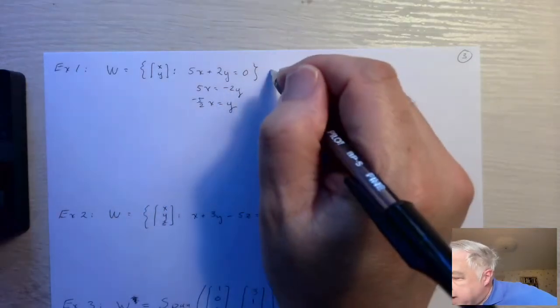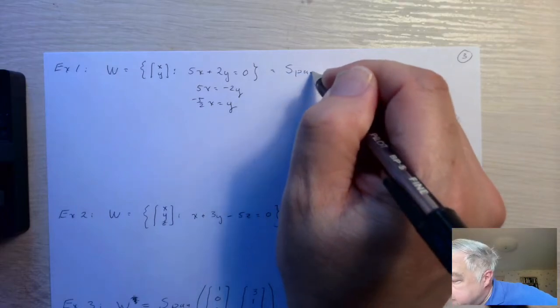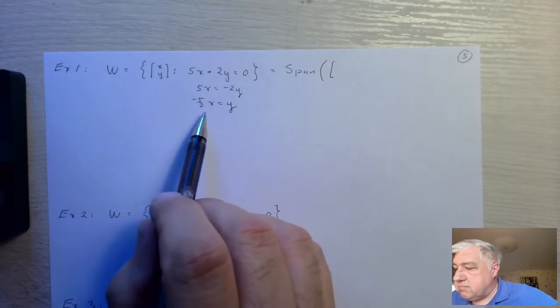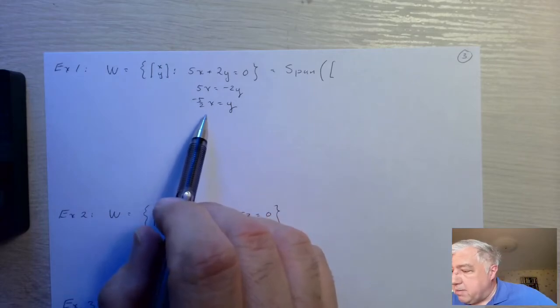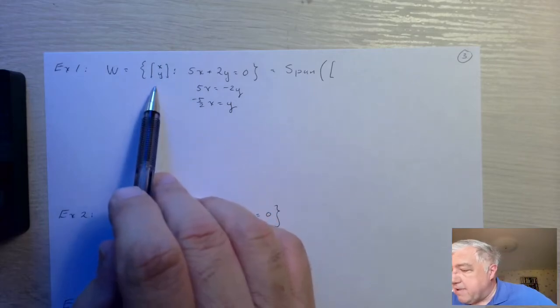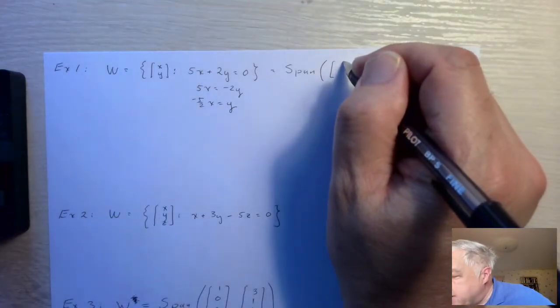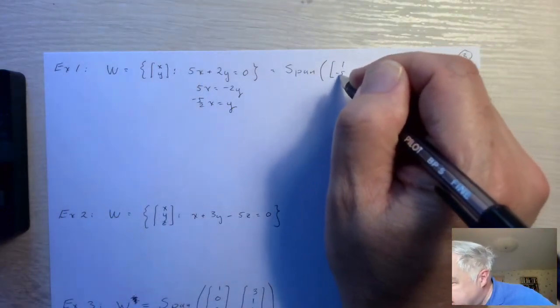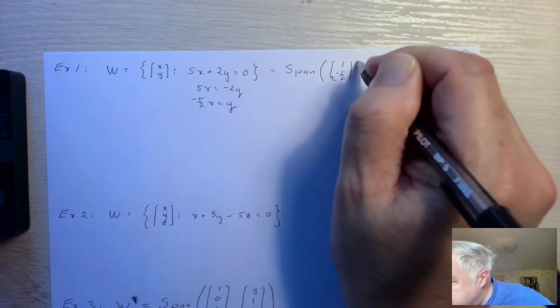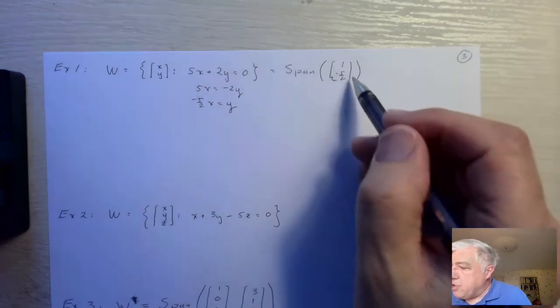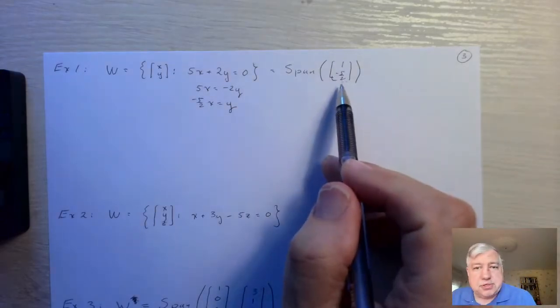So we can think about this as the span of a vector. A typical element will be of the form x, negative 5 halves x, so as a spanning vector we can just take x to be 1 and get 1, negative 5 halves. Now we want to determine all vectors that are orthogonal to this one vector.